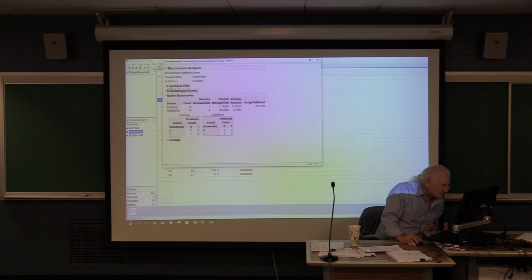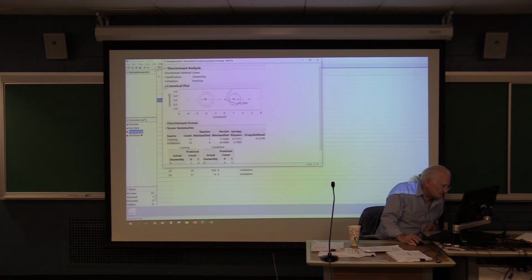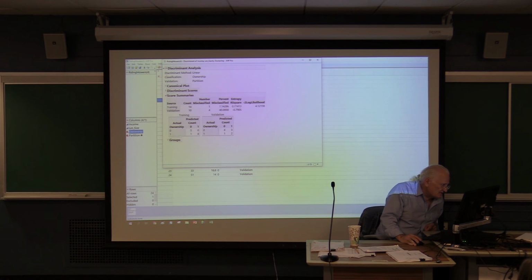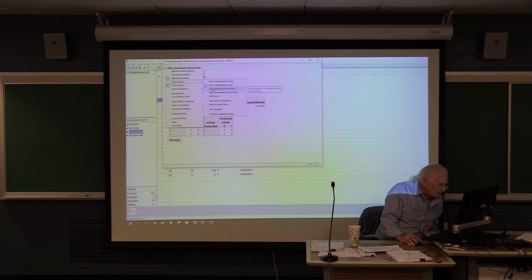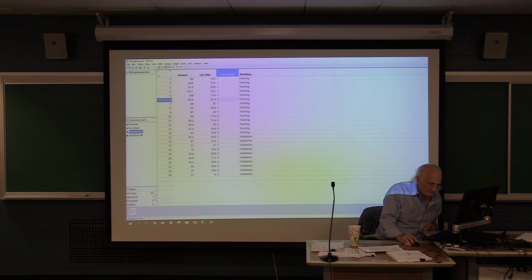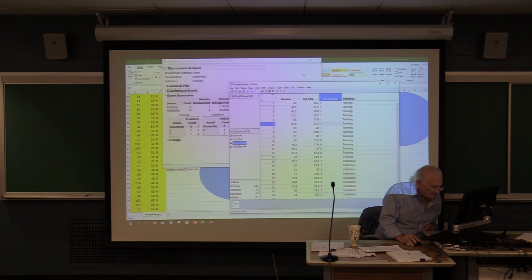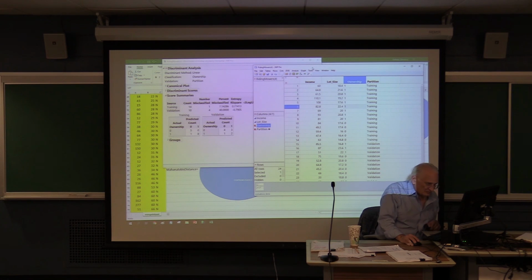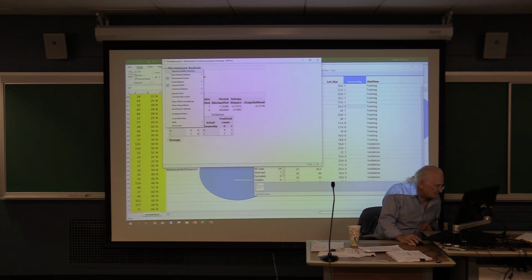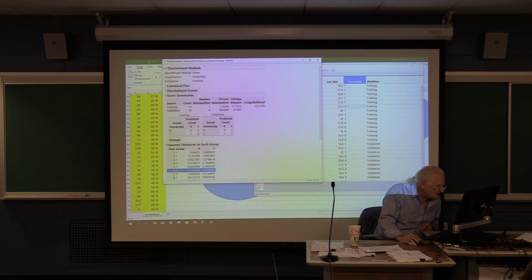Now, up here, let's not worry about this. Up here, in the score option, here's the table. I'm going to redo this. But show me the distances to each group. It shows the distances.